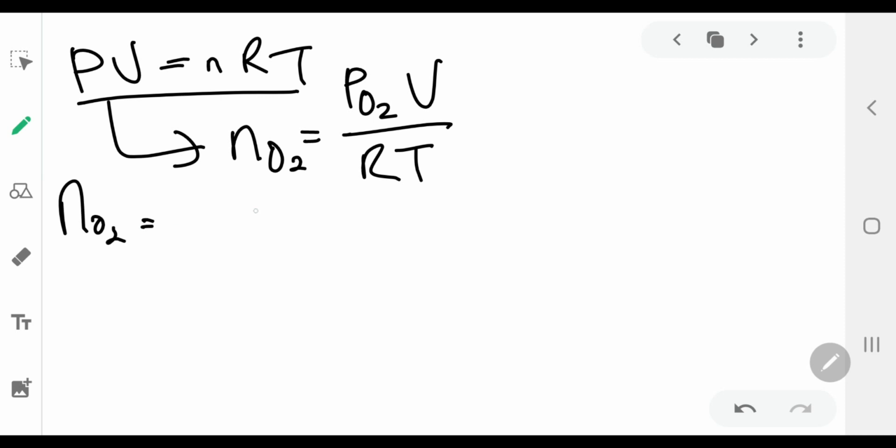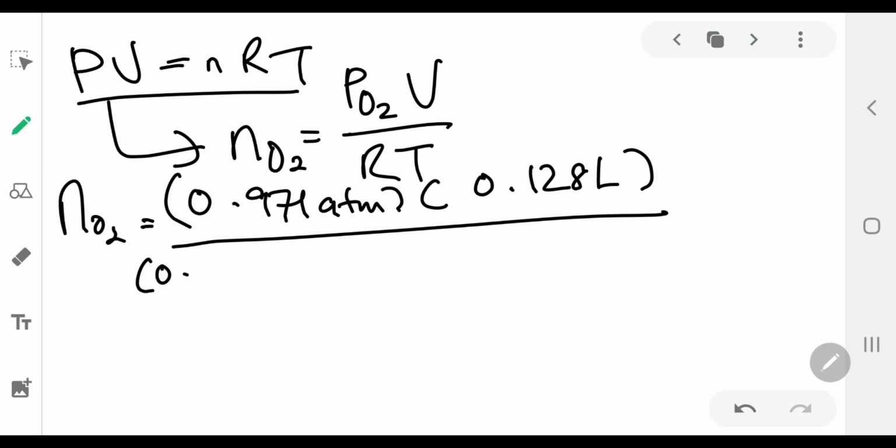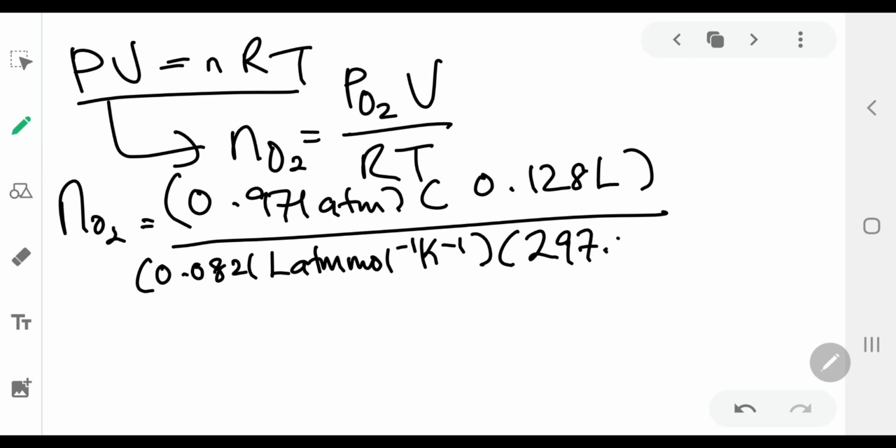Okay, so the partial pressure just now we have 0.971 ATM, and the volume is about 0.128 liter, and the value of R is 0.0821 liter atm per mole per Kelvin, and the temperature is 297.15 Kelvin.